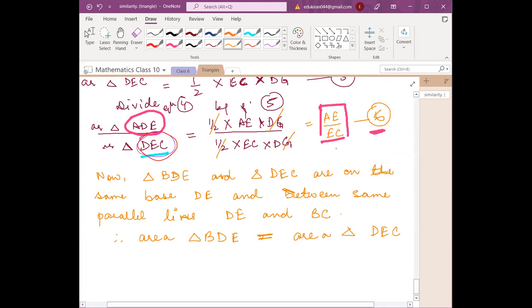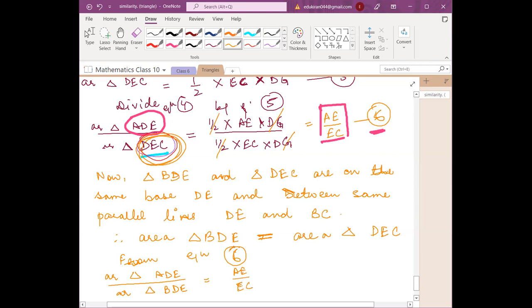Like in equation number 6, in place of DEC, I can now write BDE. So from equation 6, area of triangle ADE divided by area of triangle, in place of DEC now I'm writing BDE, is equal to AE upon EC.